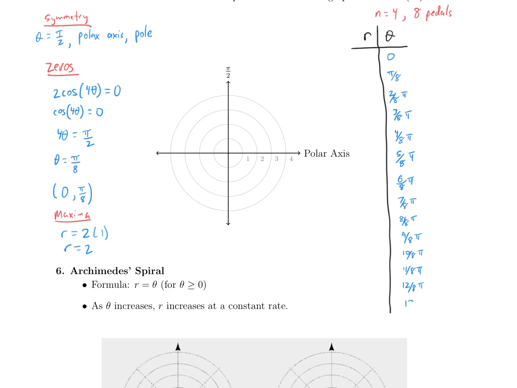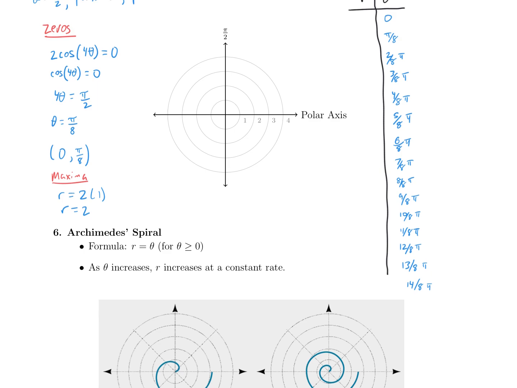You're going to start to see a pattern emerge, and once that pattern emerges, it's going to allow you to get through this a lot faster. But I'm going to just continue till I get to 2 pi, which is 16/8 pi.